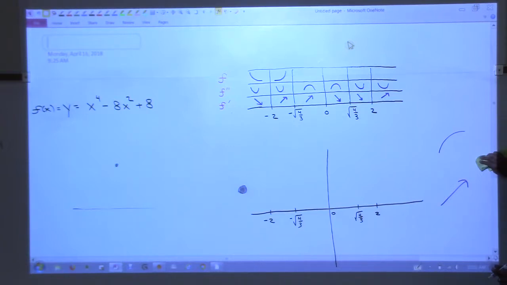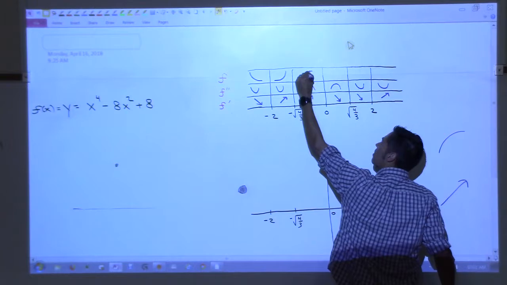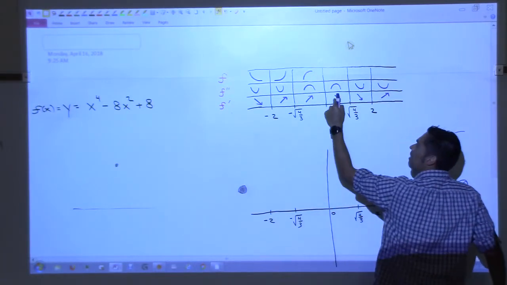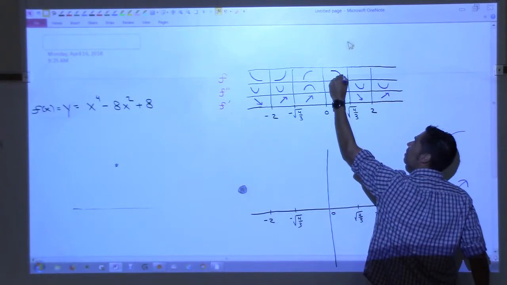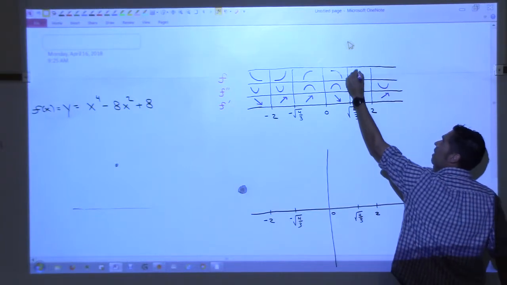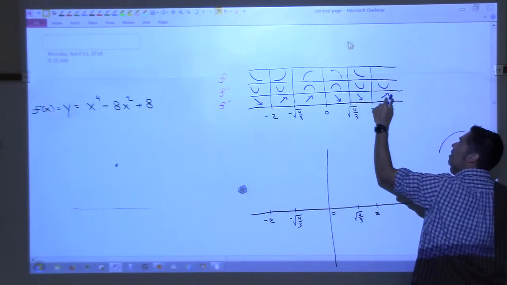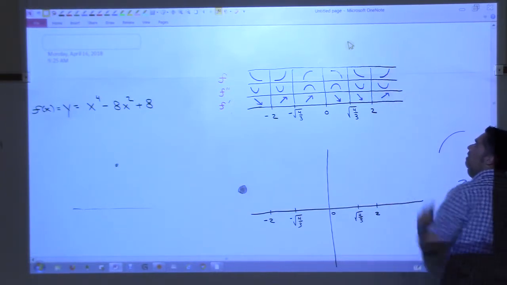Understand this? Sure? Okay. So we've got to be looking like this, and then coming down the frown, so the right side. We've got to be going down a smile. Which side of the smile? Left side. We've got to be going up a smile. Which side? Right side.